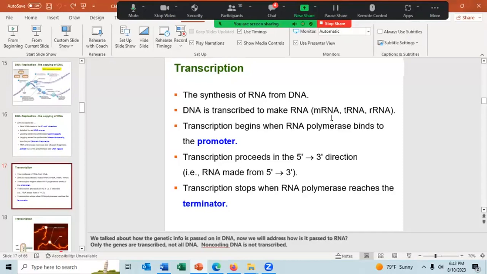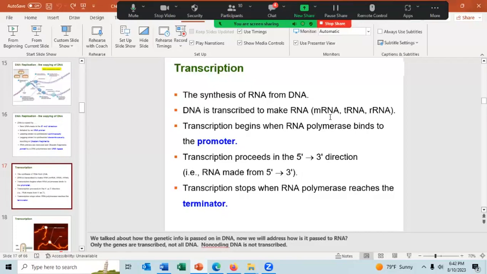The only difference between messenger RNA, tRNA, and rRNA is the sequence of the nucleotides. If it's a tRNA, it'll have a specific sequence of nucleotides. If it's an rRNA, it'll have a specific sequence of nucleotides.